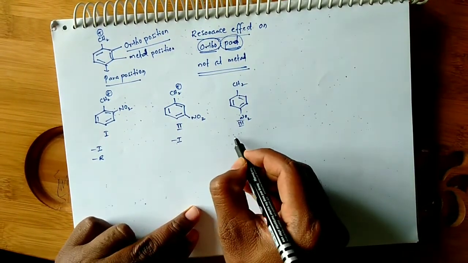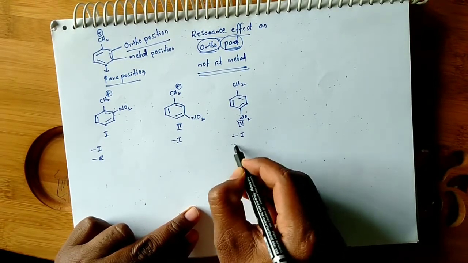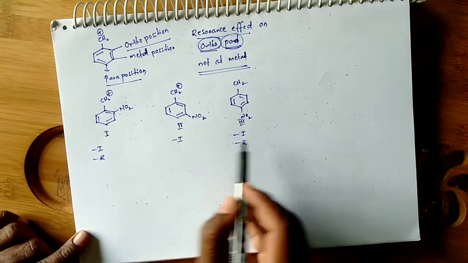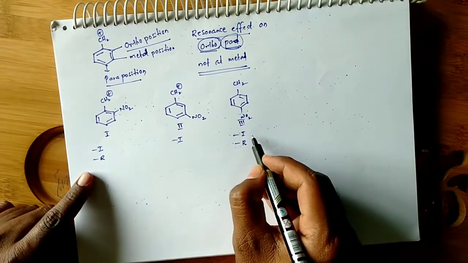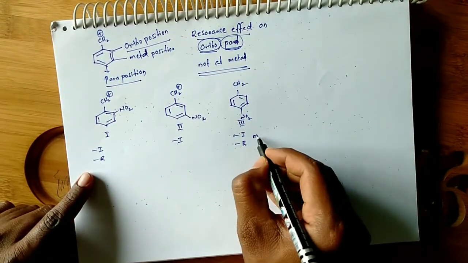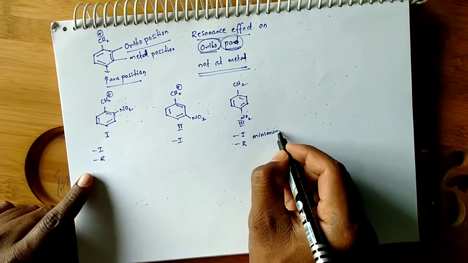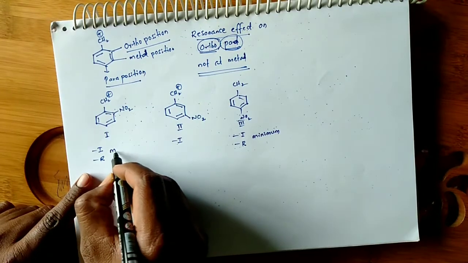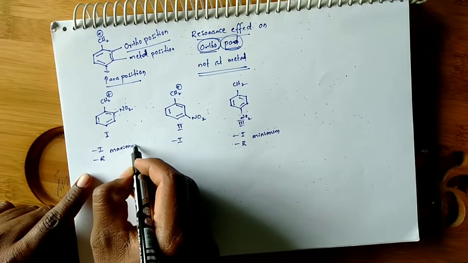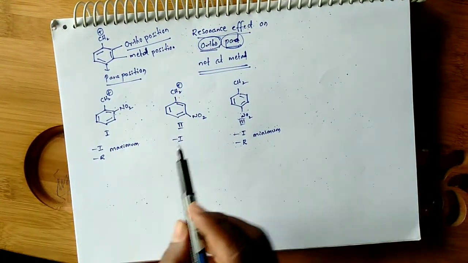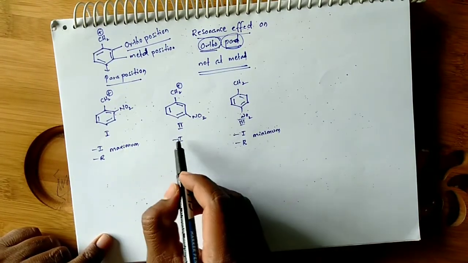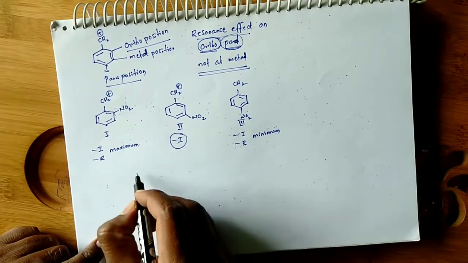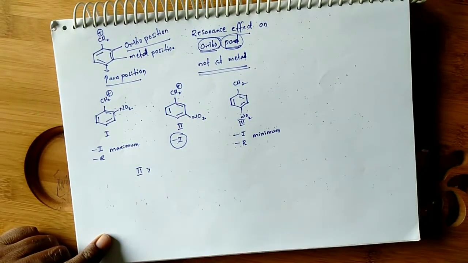And here also minus I effect and minus R effect, both effects are there. But compared to the first case, here the minus I effect is minimum, but here it is very close to the positive charge, so these two effects are maximum. Now among these three, here only one effect withdraws the electrons, so 2 will be the most stable.